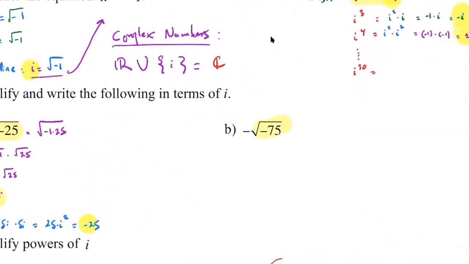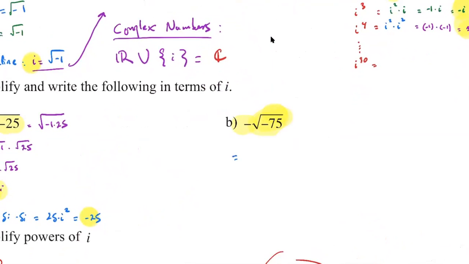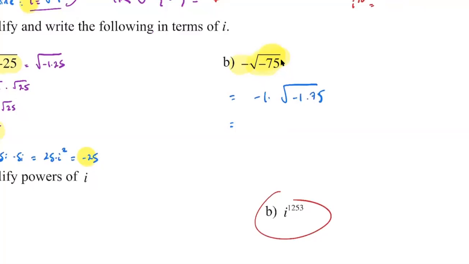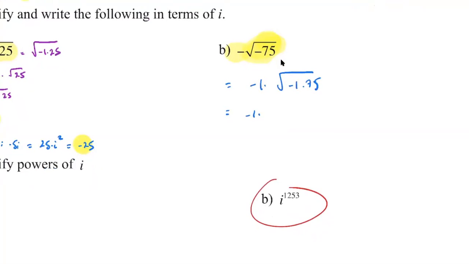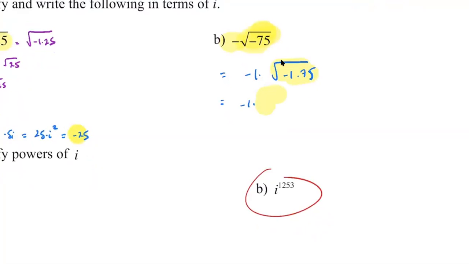So for a problem like this, you have to simplify inside the radical first before you apply the negative. So you want to do -1 times 75, and you simplify this part first. That just becomes the square root of -1 times the square root of 75.